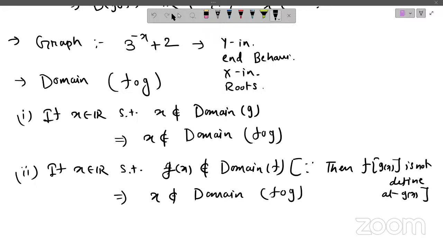Yes, Fatima, we'll discuss all the practice assignment doubts also after this question. 3 to the power minus x plus 2.